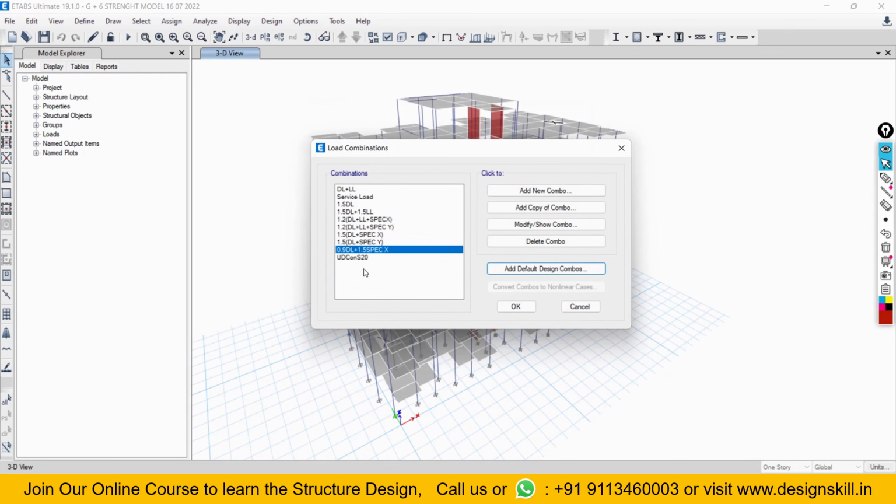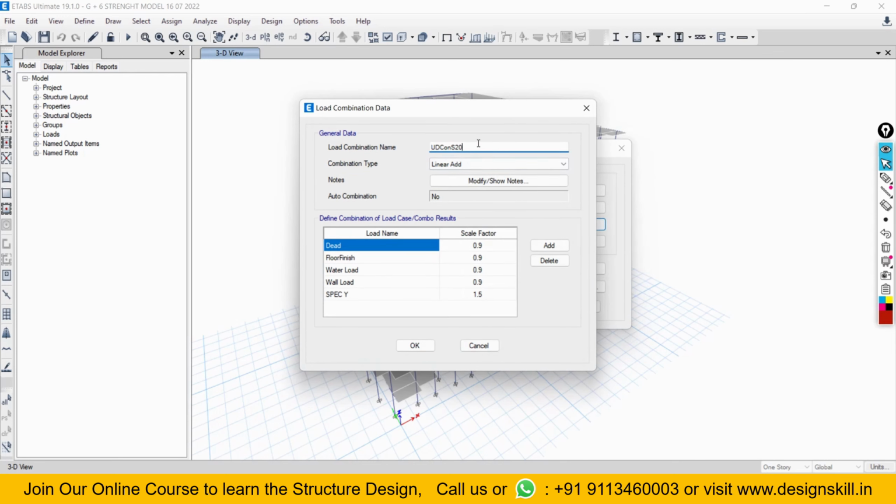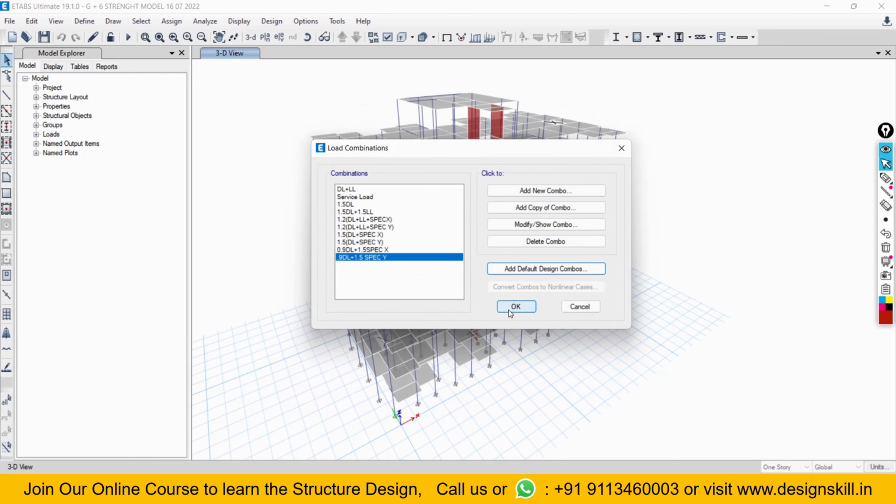You give it OK. And the last is UDCON S20: you select it, modify this, and rename this with 0.9 dead load plus 1.5 a spec y. You give it OK, and finally you give it OK.